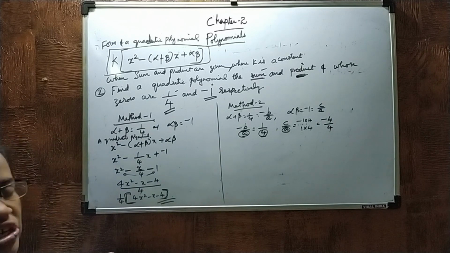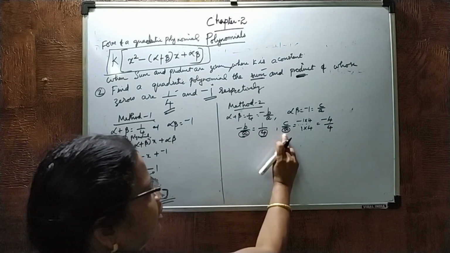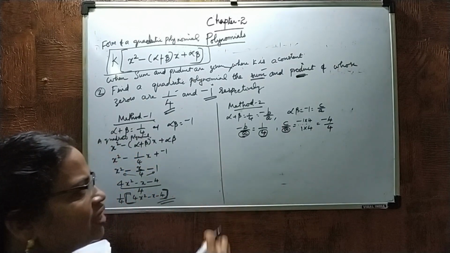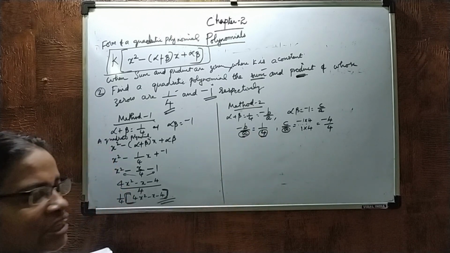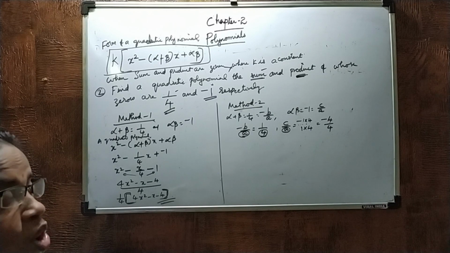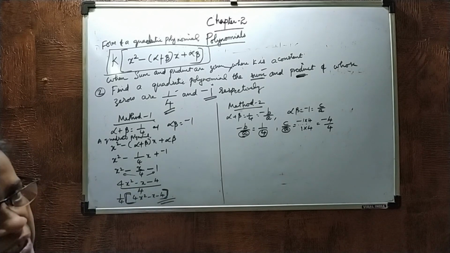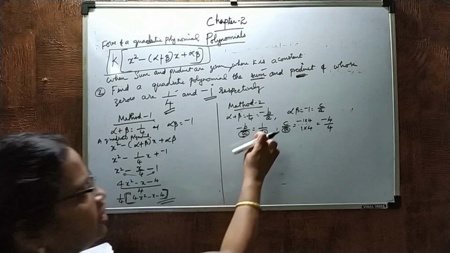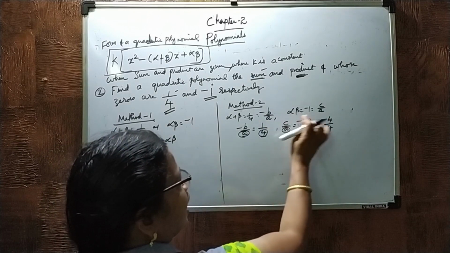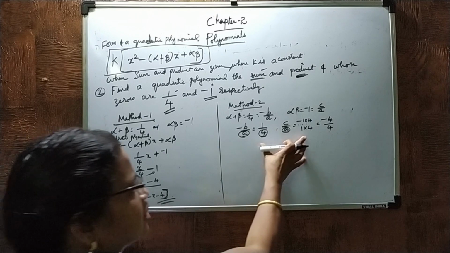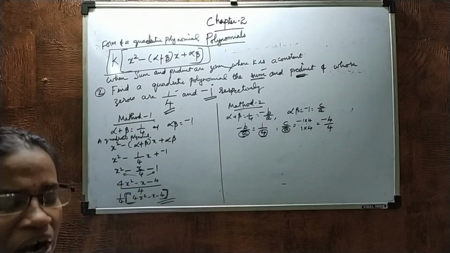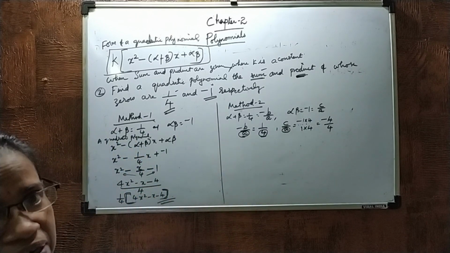What I did here: if a is equal to 1 in one and any other number in the other, both are different, so we have to make it the same answer.